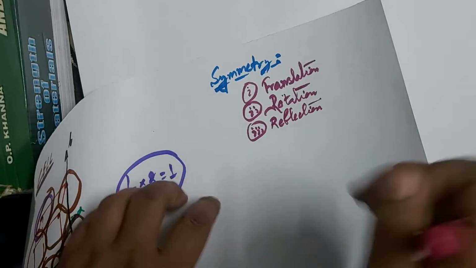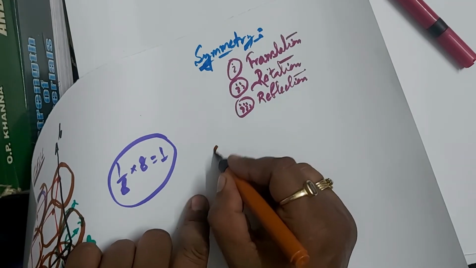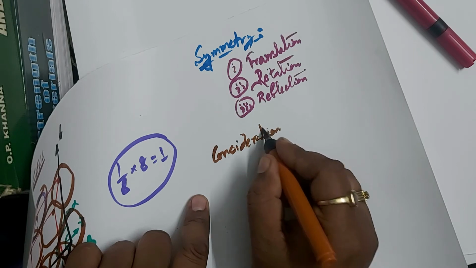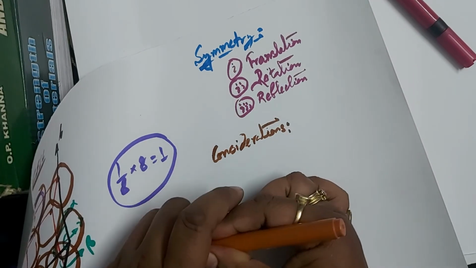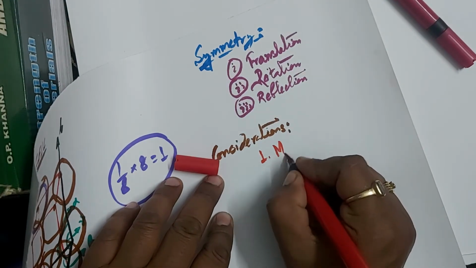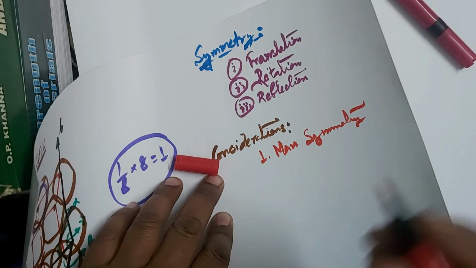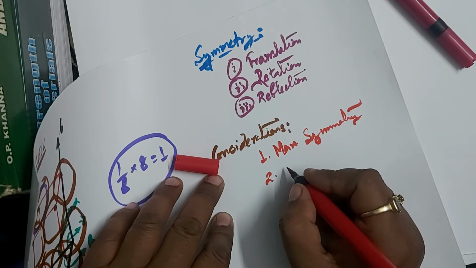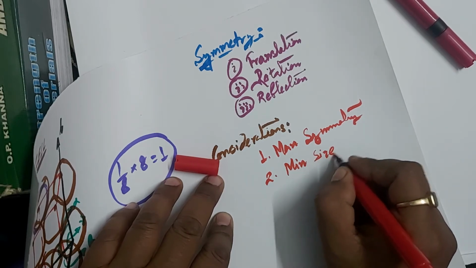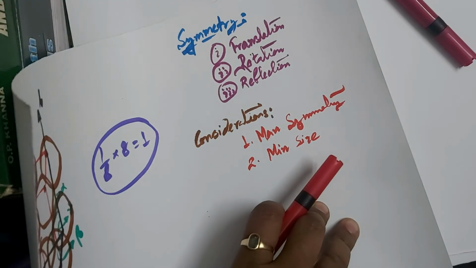So what are the considerations of Bravais space lattice? First of all, symmetry should be maximum and size should be minimum. These are the different considerations for Bravais space lattice.